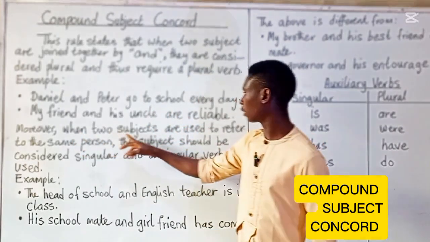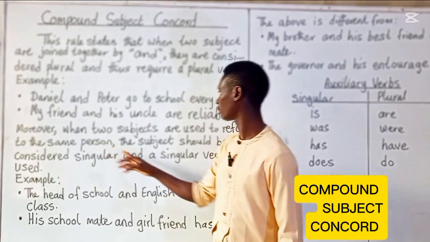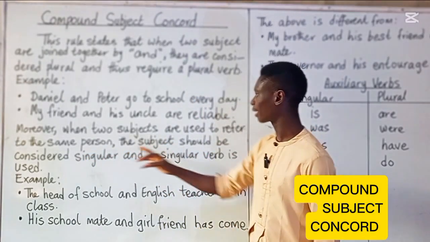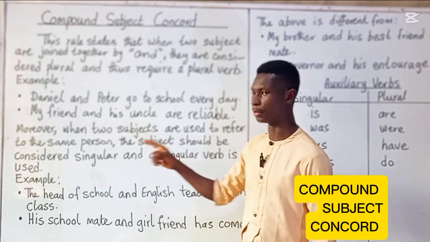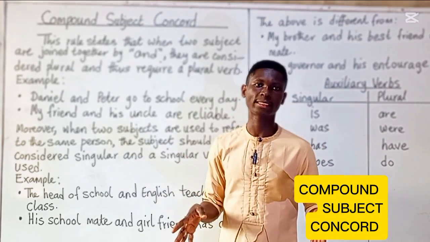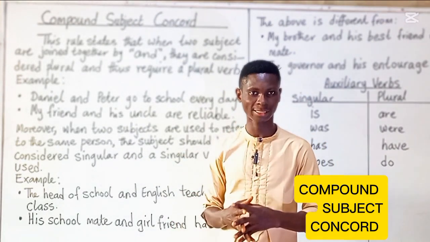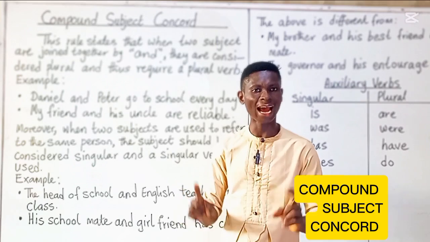Moreover, when two subjects are used to refer to the same person, the subject should be considered singular and a singular verb is used. A situation where you have two subjects joined together by and, yet the two subjects are considered as the same.